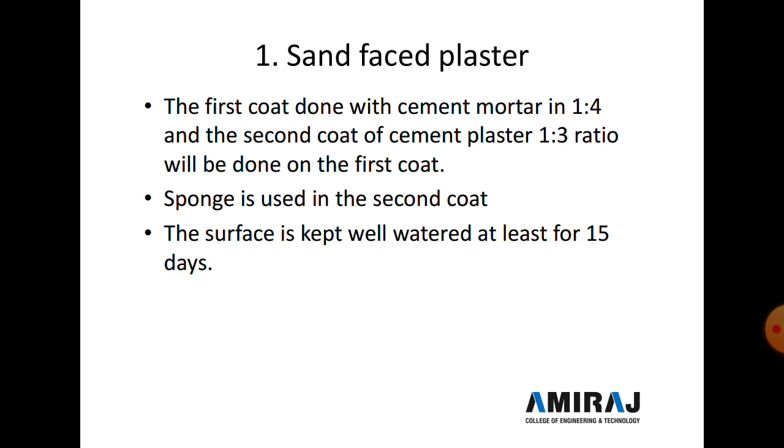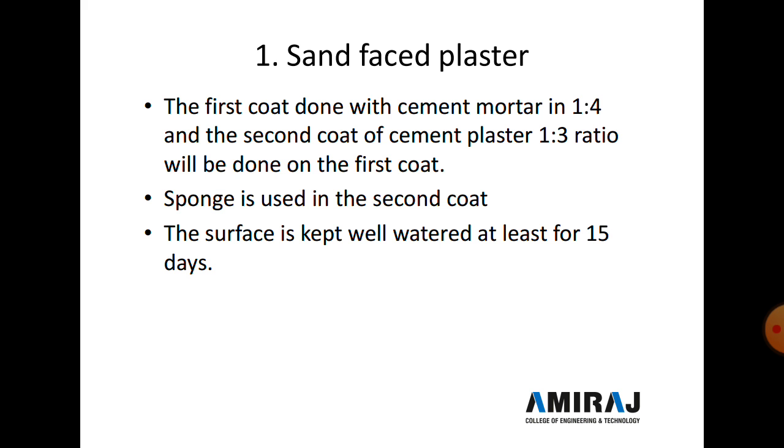So in the 1:3 plaster, in the second coat, a sponge is applied, and the density of the sand gives an appearance on the surface that is equal and uniform. So it is a good-looking appearance of a sand face plaster. Now the surface is kept well watered for at least 15 days after both coats are completed. So it is called a sand face plaster.